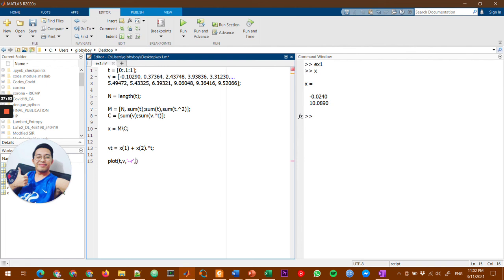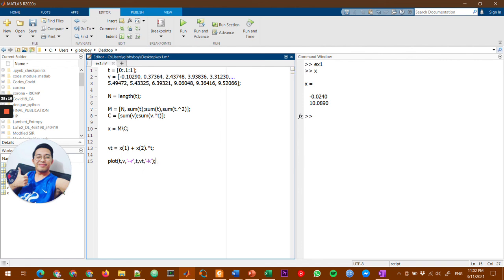So we have T and VT. So what is VT? Itong with the determined factors, parameters A and B. Okay. And then we'll have this as black na color. Tapos straight line lang siya. So, okay.